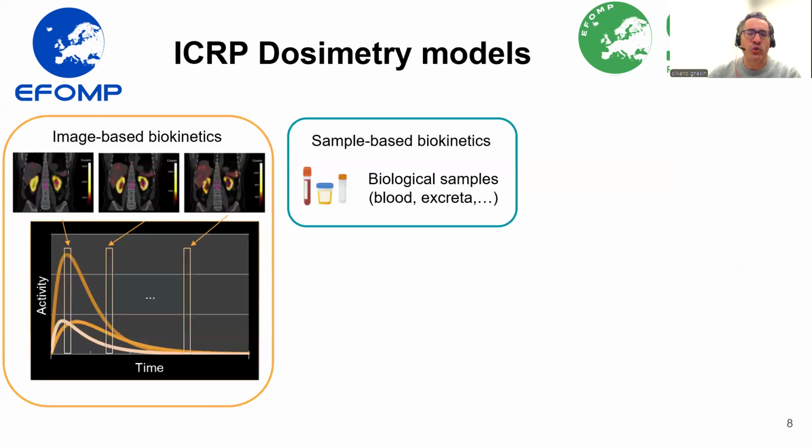ICRP also defines reference dosimetry models in terms of biokinetics. The biokinetics can be defined using data from sequential imaging, as is performed in some dosimetric studies, and can also be derived from biological samples such as blood, excreta, saliva, and so on.